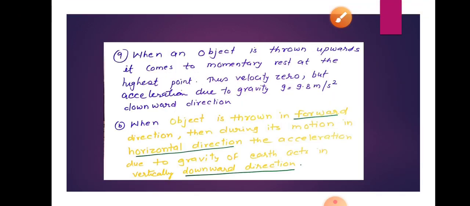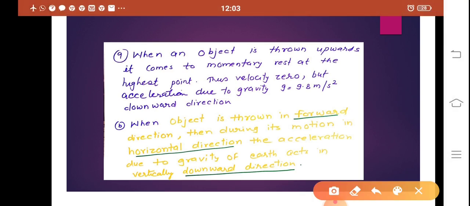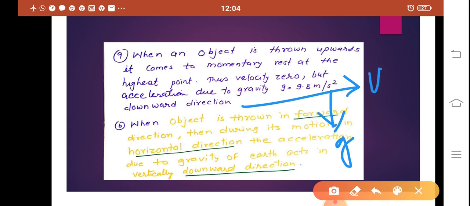See, when an object is thrown in forward direction, during its motion in the horizontal direction, the acceleration due to gravity acts in this direction and velocity is this. So this is one example, velocity and acceleration perpendicular.